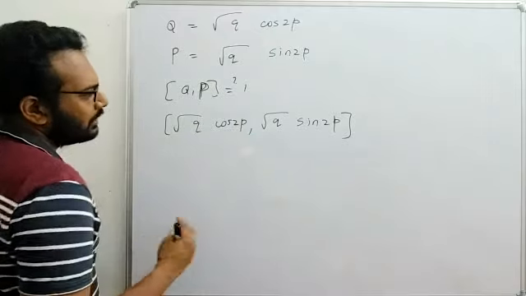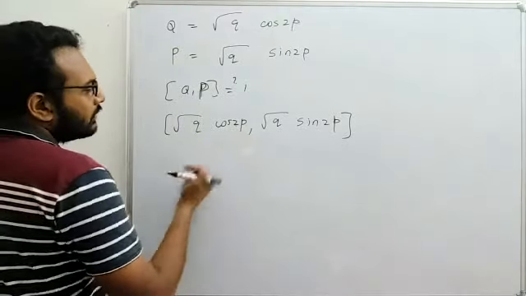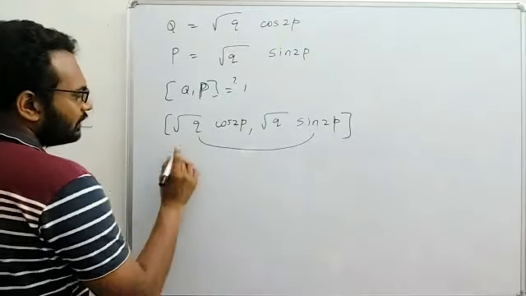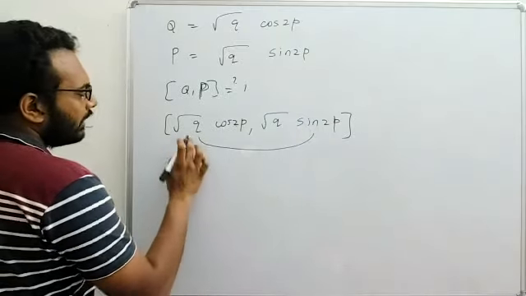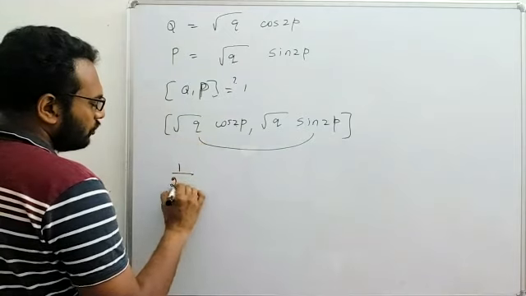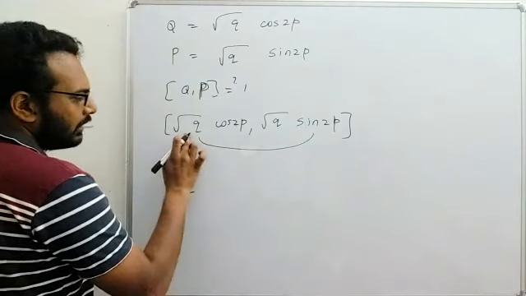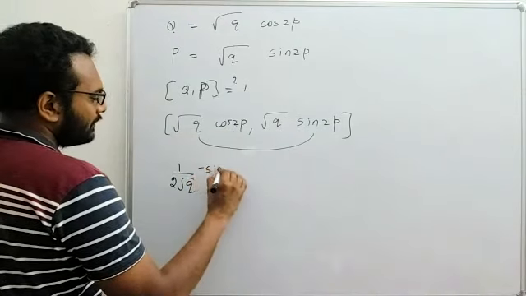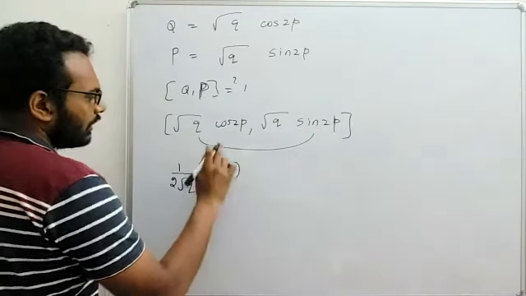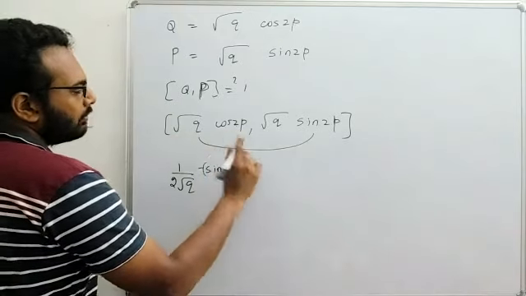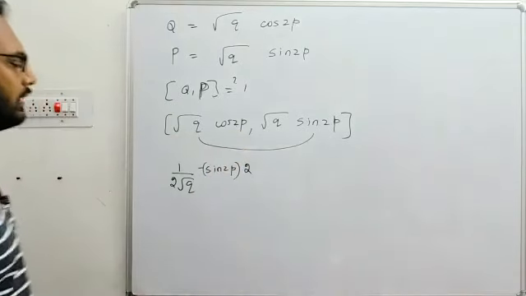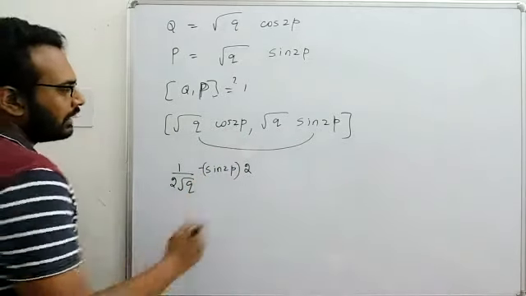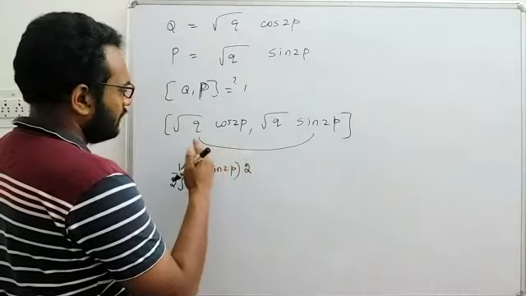You take only the non-zero terms. I'll be quick here. So again, you combine this with this. That's the only non-zero term in the first thing. So that becomes dou by dou q, that becomes 1 by 2 square root of q. You take dou by dou q of this and dou by dou p of this. That becomes minus sine 2p, minus sine 2p multiplied by 2. Am I right? Yes. Multiplied by 2 because you take dou by dou p of this. And you have got this.